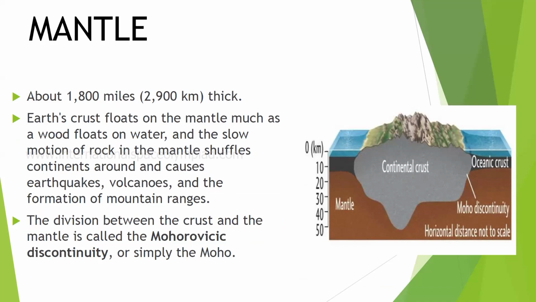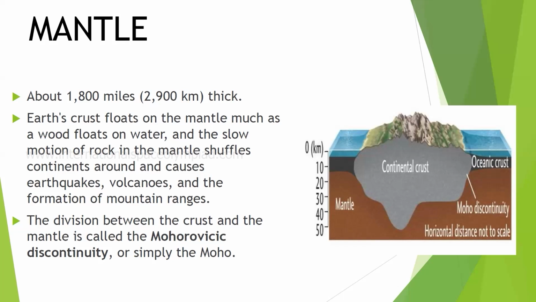So, the Earth's crust is floating on the mantle, just like wood floats on the water. Okay, it is actually this slow motion of continents that is called plate tectonics.